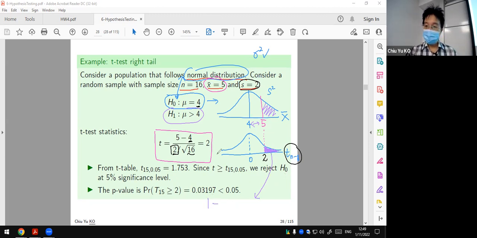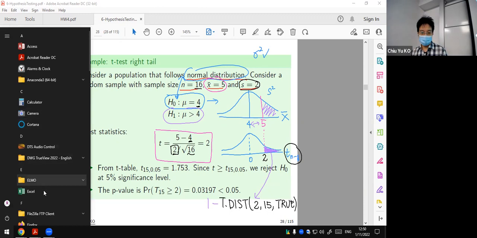The answer is t dot dist, and you put 2, and you have to put the degrees of freedom, which is 16 minus 1, so 15. And then put true. So that would be the answer. Let me look it up in Excel.